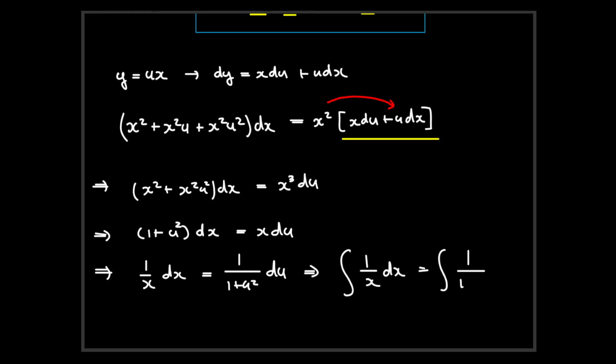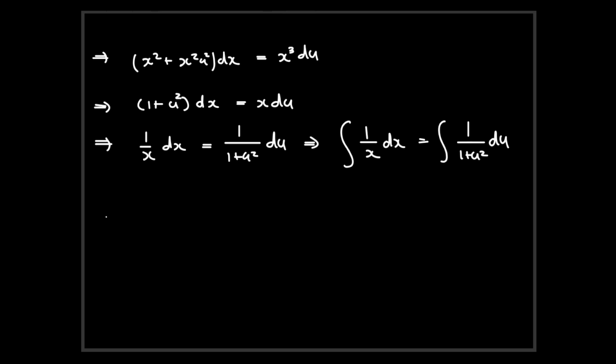And we get natural log absolute value x is equal to, now what derivative gives us this? It's just one to know, it's arctan. So arctan u and then plus c.